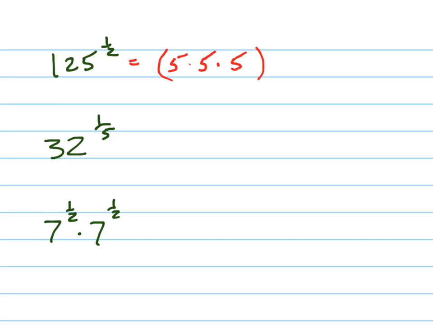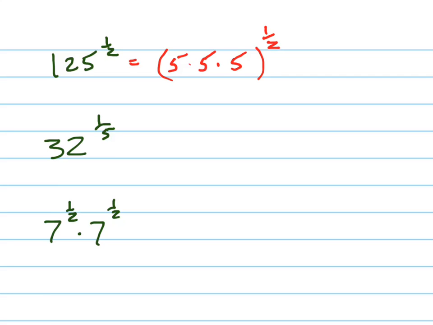I'm just realizing I wrote this problem wrong. They actually had it to the 1/3 power. If this was to the 1/3 power, the answer would be 5, because there are 3 5s being multiplied together. But let's do this anyway, because this is a good problem too.